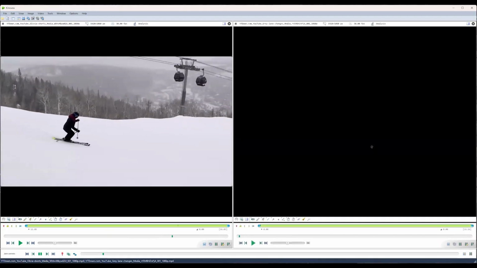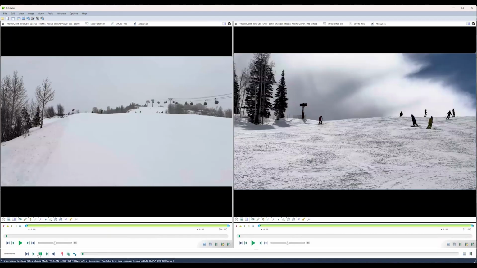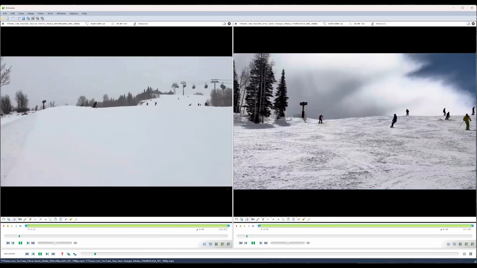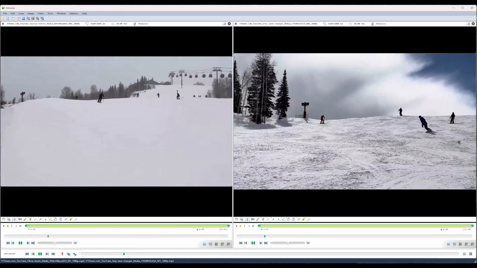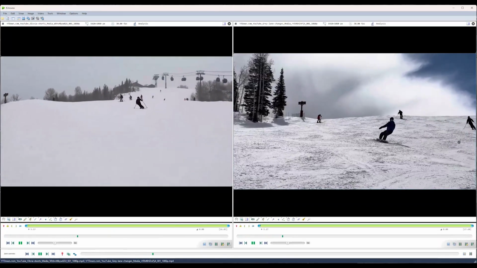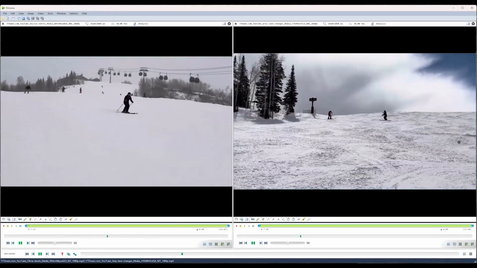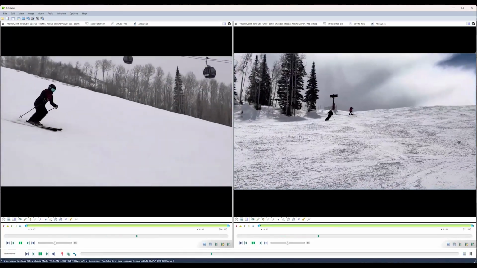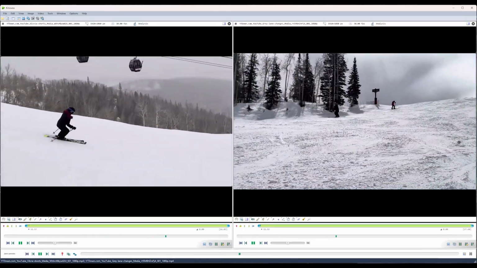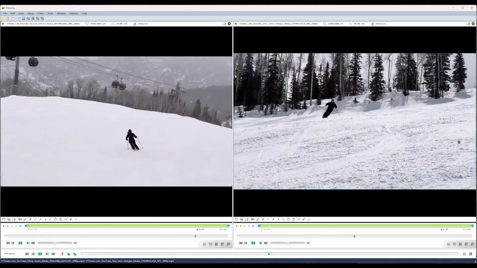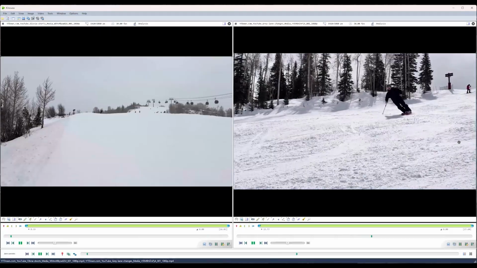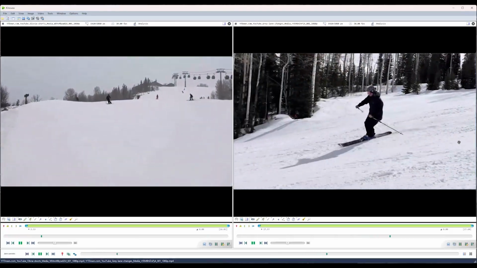And then the rest of the body caught up to the shoulders and stayed pretty square. The person on the right, I see more activity out of the pelvis moving back and forth. There's some help from the shoulders, but I see the shoulders staying down the hill, whereas the pelvis rotates back and forth more.